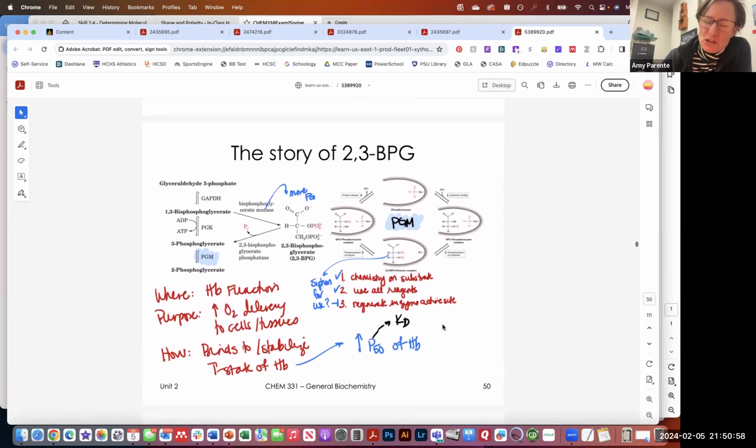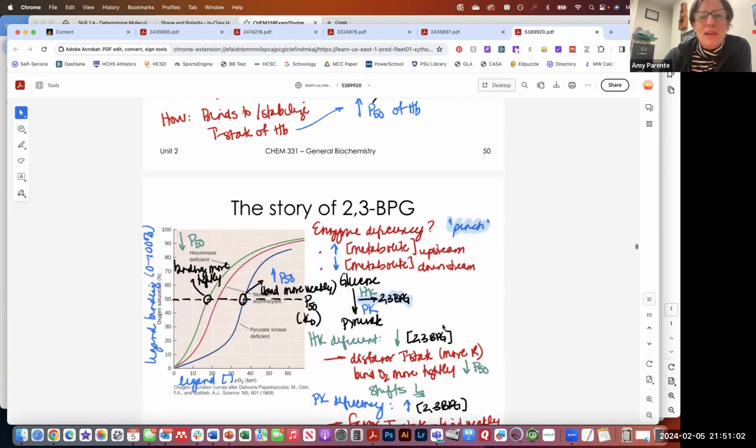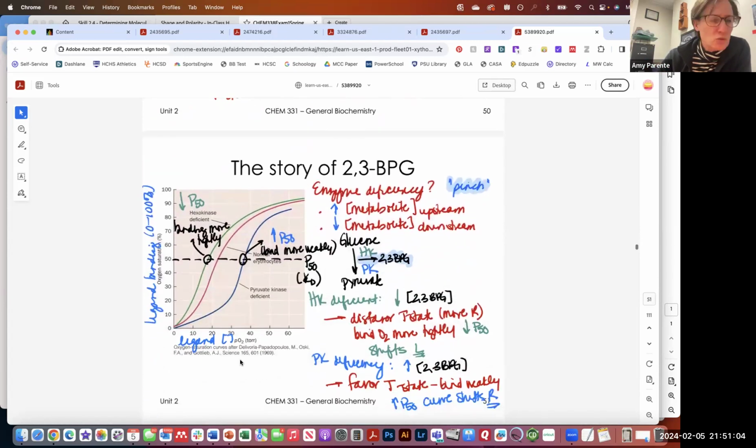And I'm not going to go through too much of this because there's a great video on it that integrates these two slides. I would encourage you to understand this is a really important aspect of this learning unit. Thinking about how curves shift. What does it mean when a ligand binding curve shifts? What does it mean when an enzyme activity curve shifts?